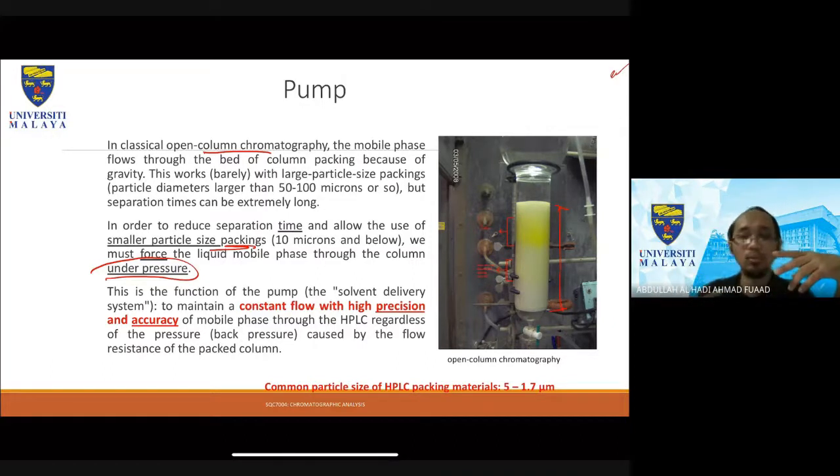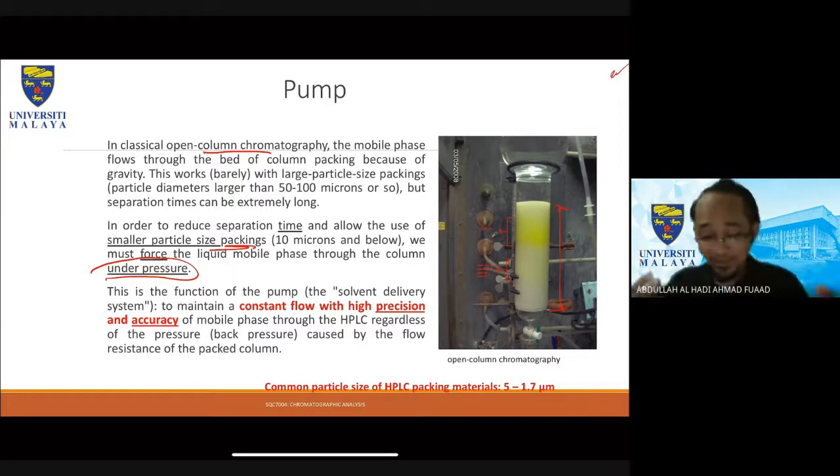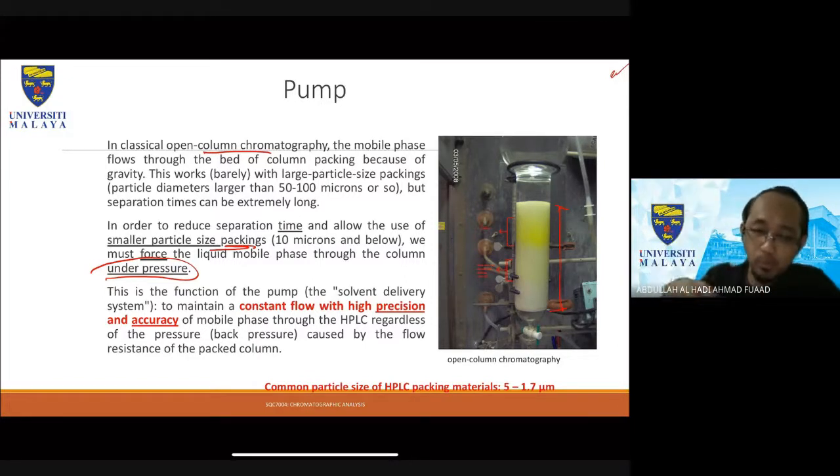Thus you need pressure to help the system push the solvent through the column. This is the function of a pump, the solvent delivery system: to maintain a constant flow of high precision and accuracy of mobile phase through the HPLC, regardless of the pressure, or back pressure, that's the correct term, caused by the flow resistance of the packed column.